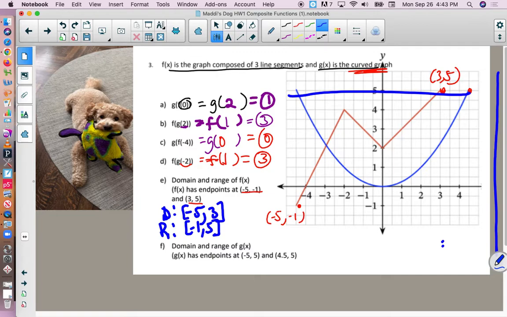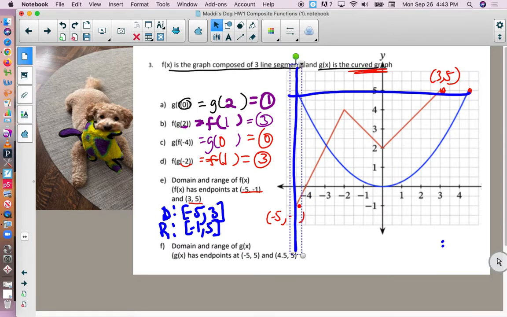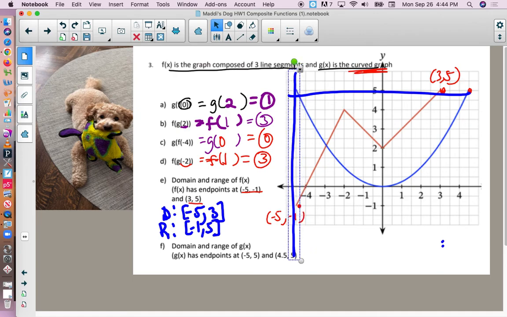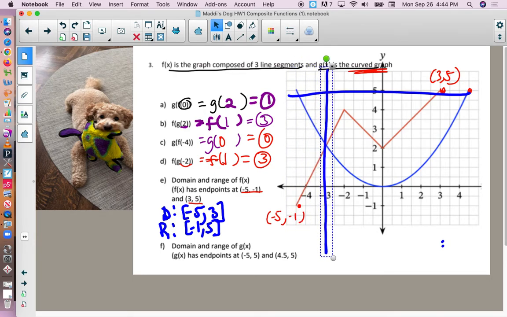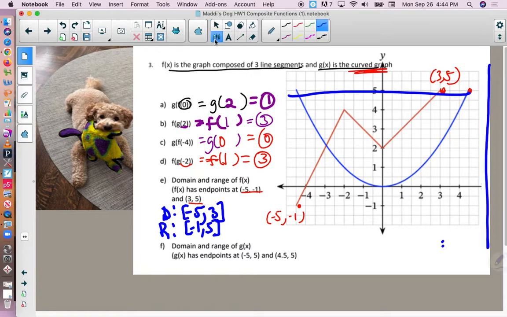All right, the domain and range of G of X. G of X goes from back here to there. Look at the U-shape one. And this tells me this starts at -5 and it goes to 4. So what this is doing is giving me the endpoints, -5, 5, and 4.5, 5.